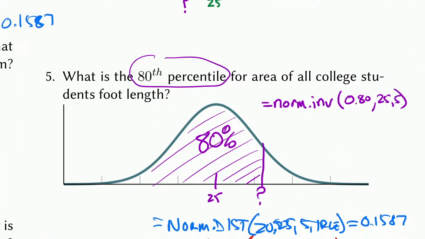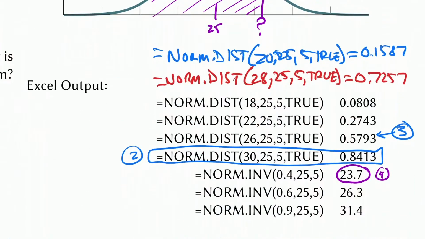I'll type this in up here. 0.8, 25, 5, and that gave me 29.2. So that should have been on the table down here. My apologies that I left it off of the list. Maybe I'll correct this for the next time, but for now, it is what it is.